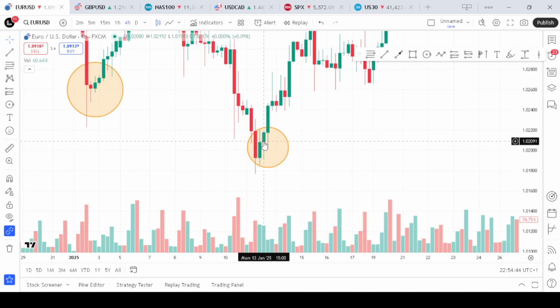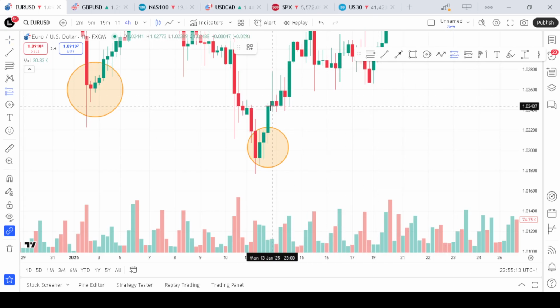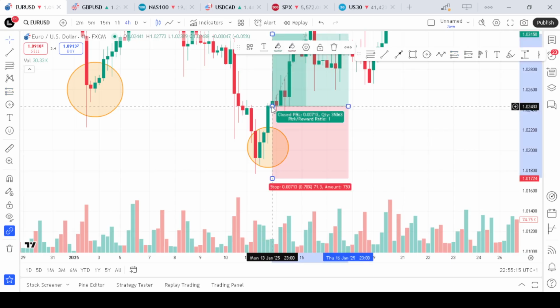How do we trade them? We trade them by waiting for confirmation. A bullish candle should close above the hammer. After we see the hammer, we wait for a bullish candle to close after the hammer. After the candle closes above the hammer's high, that is where we decide to enter our trade.